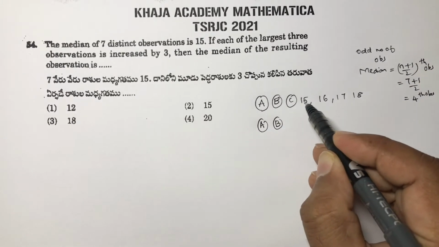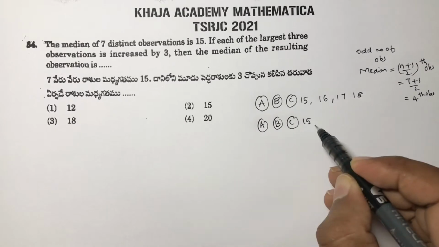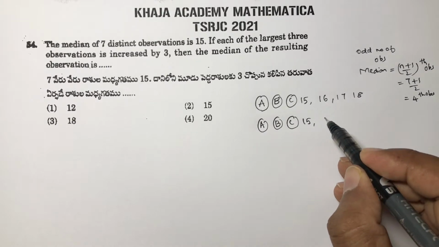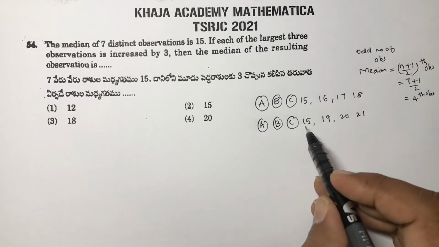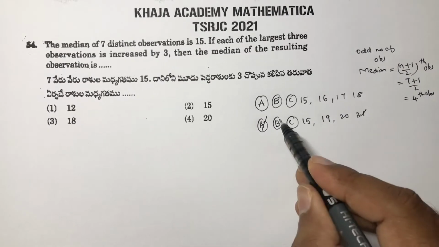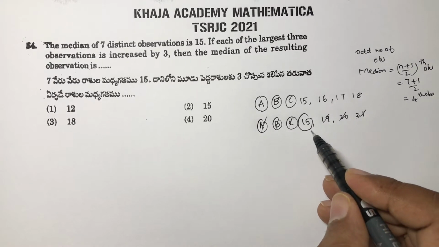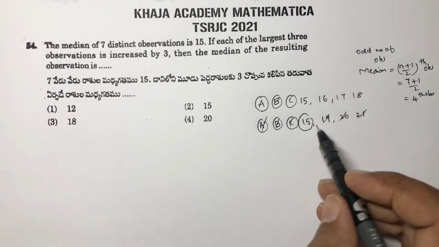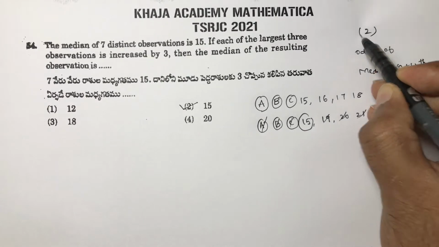You can take some numbers less than 15 in ascending order in place of A, B, C. If you increase these values by 3, still the middlemost observation is 15. Still the median remains the same. So the median is 15 only. So the correct option is 2.